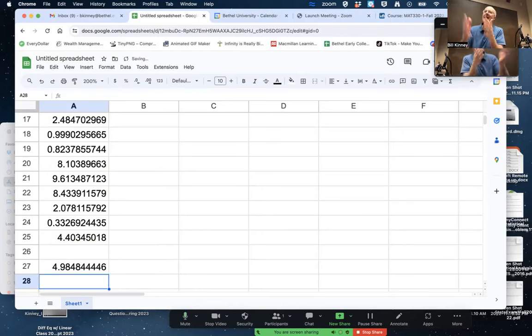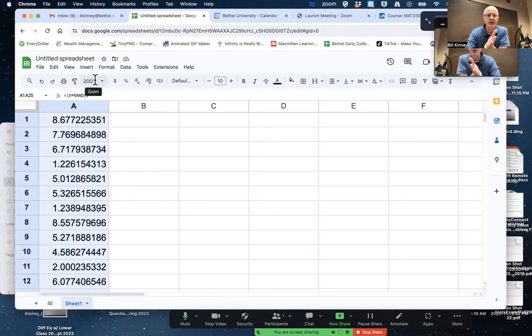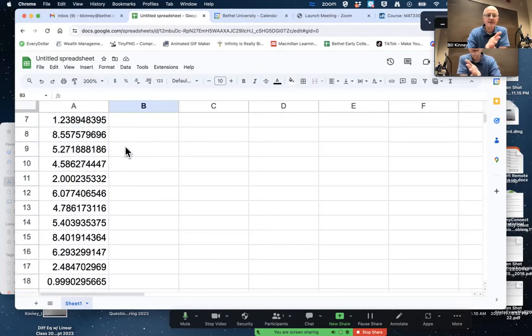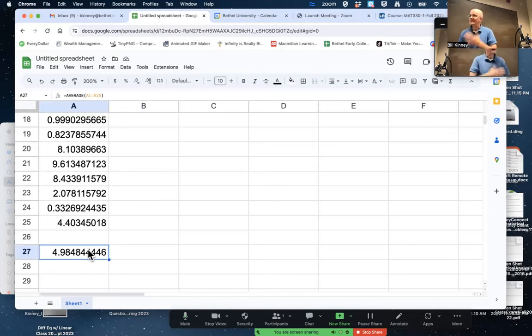You can copy and paste values into, say, the next column, and it will freeze the values instead of doing an ordinary copy and paste. But I don't really care about that. So there we have 4.98 as the sample mean of this particular random sample of size 25. Close to 5, as it should be. That's an observed value of x bar. You label that with a little x bar.